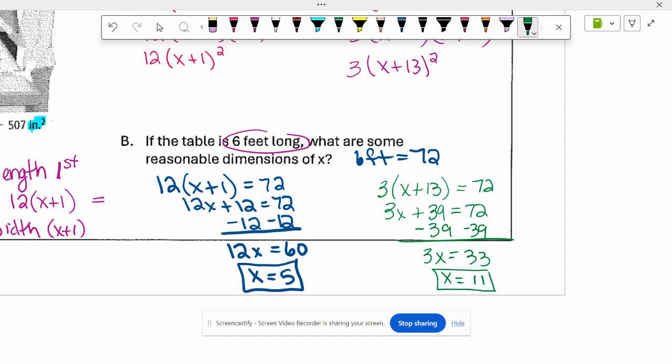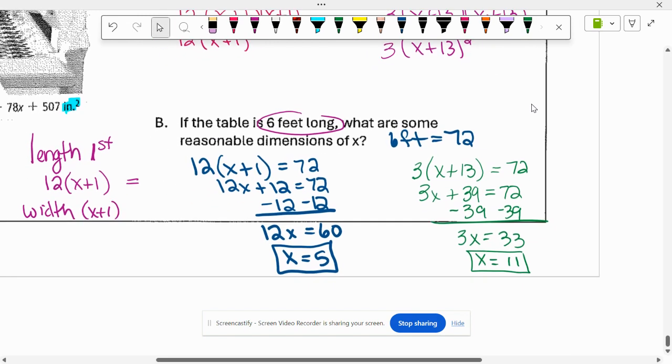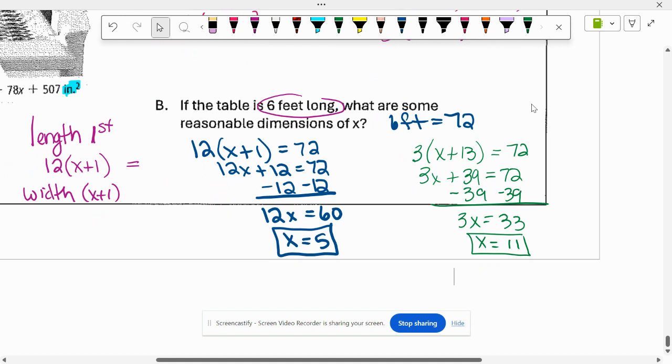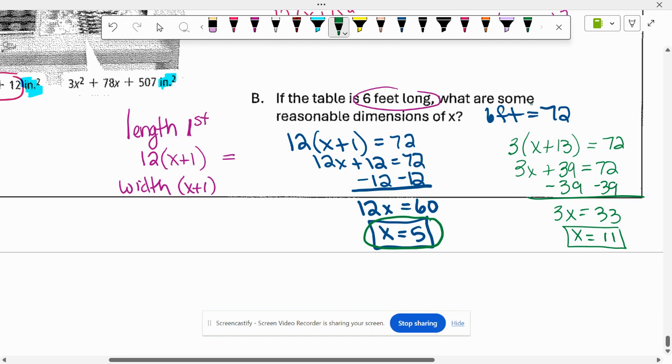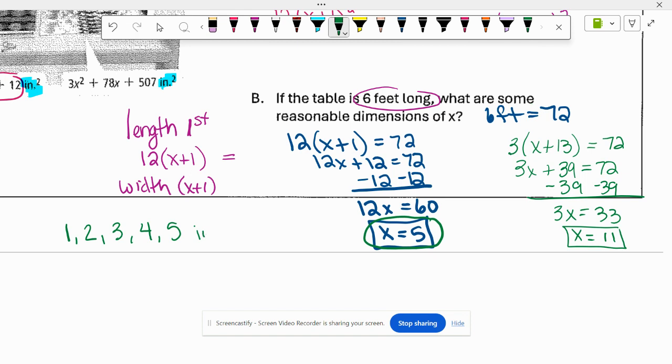But if I let x equal 11, piece number 1 is going to be much bigger than it's allowed to be. So the largest x value is 5. So what are the reasonable dimensions of x? Well, x could be 1 or 2 or 3 or 4 or 5 inches, or any number in between.